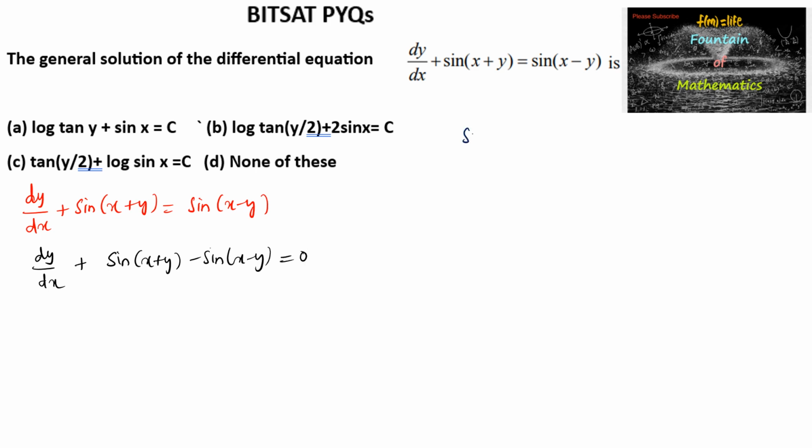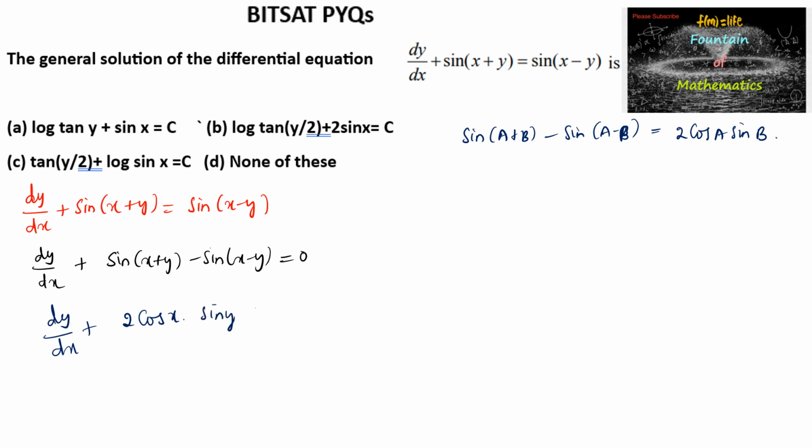And we know that sine (a plus b) minus sine (a minus b), so we can write 2 cos a sine b. So we can write here dy by dx plus 2 cos x into sine y is equal to 0.